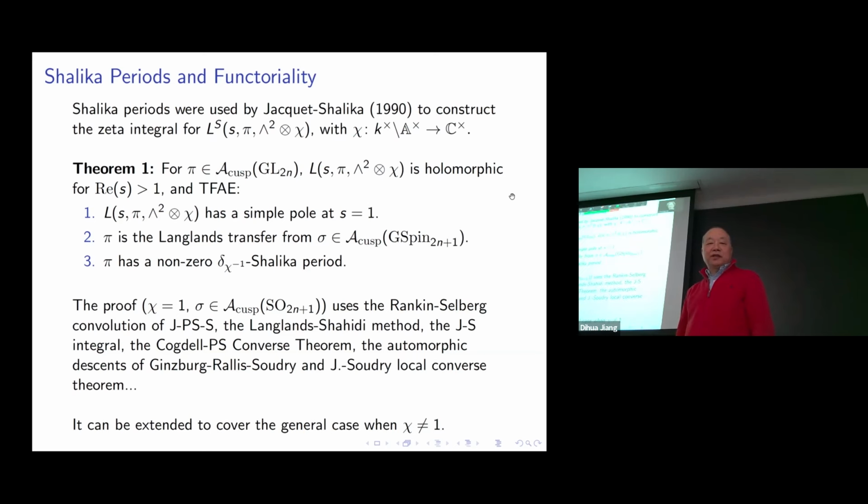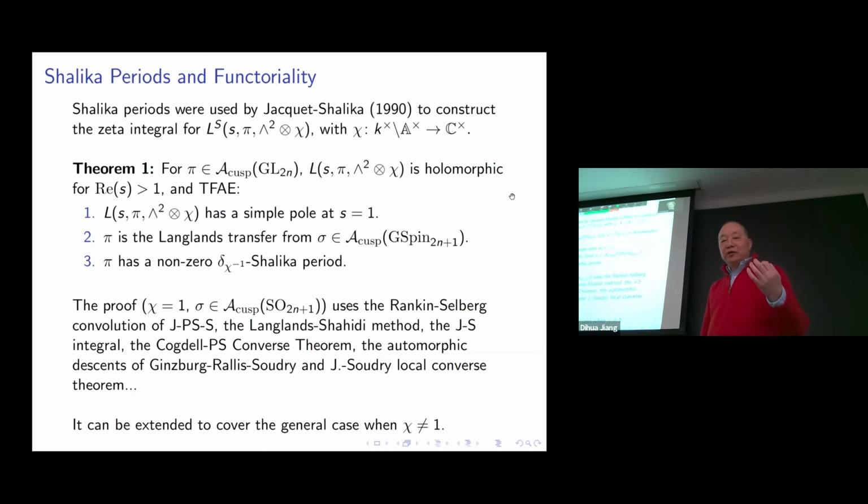And then, of course, Jacquet-Shalika integrals, the Cogdell-Piatetski-Shapiro global converse theorem, the Ginzburg-Rallis-Soudry automorphic descent, and then Soudry and myself's local converse theorem, to show two things. This sigma from this construction is irreducible, and the Langlands transfer is compatible with local Langlands at every place. So this is an accumulation of so many papers.